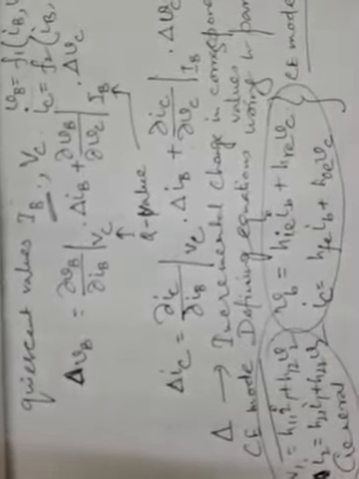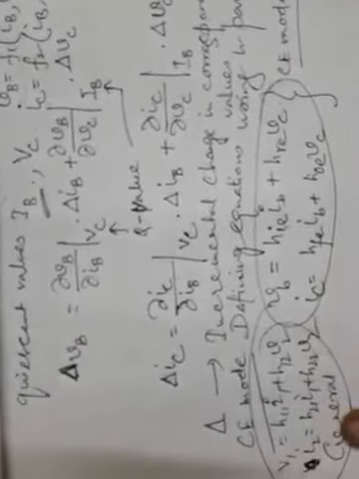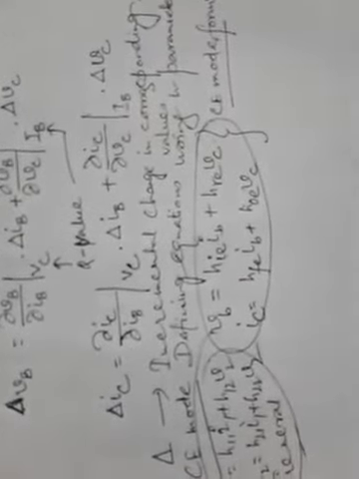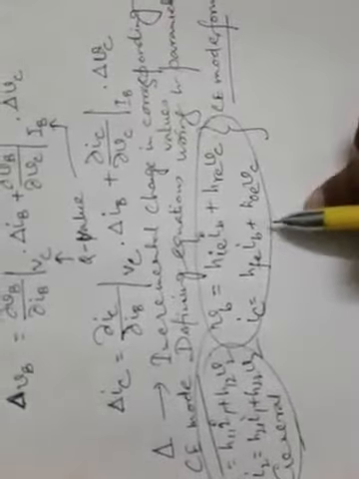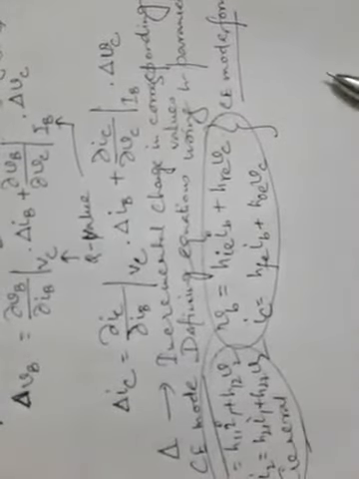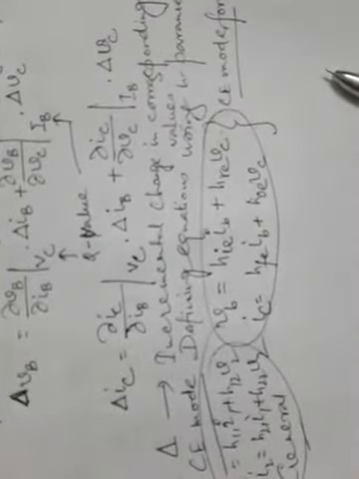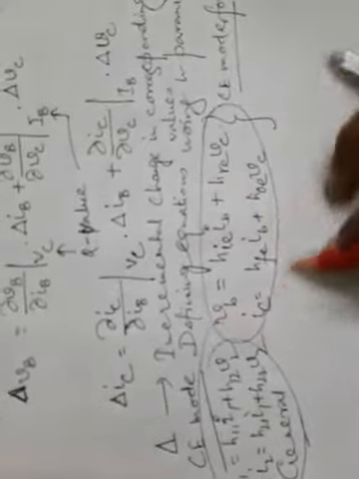So now we can write these two equations in common emitter mode from the concept of generalized H parameter equations. Now we need to compare these two equations for CE mode with these two representations.